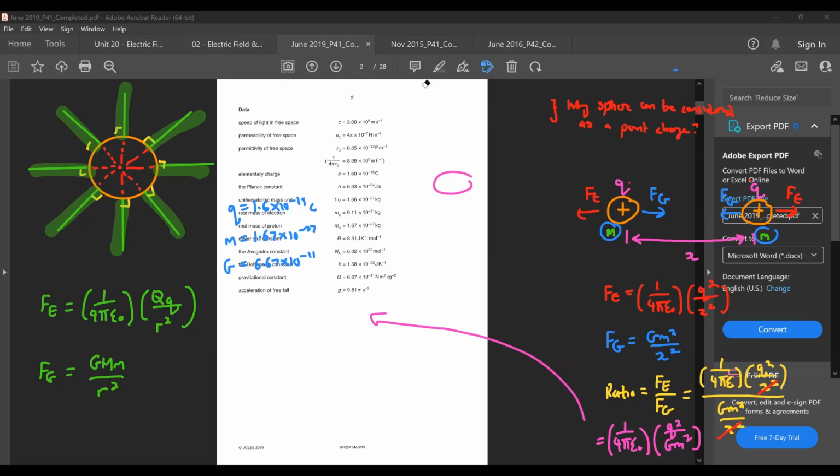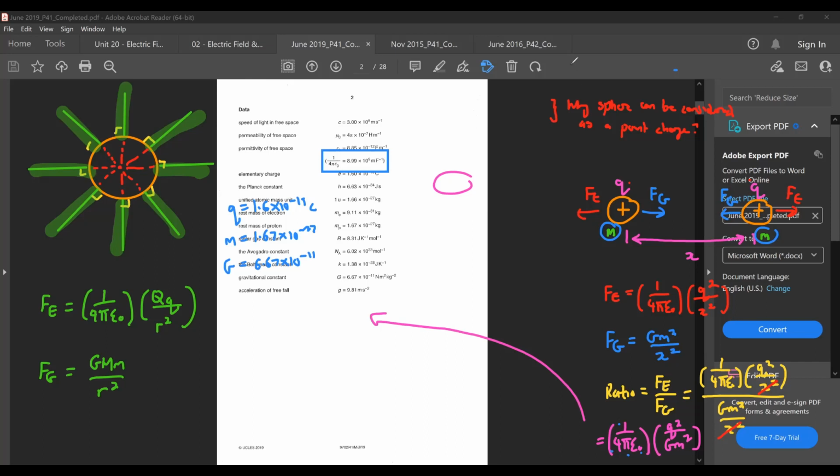Rather than finding 1 over 4 pi epsilon naught individually, the data sheet has made your life easier by telling you its value straight away. There's no need to use your calculator to take 1, divide by 4, divide by pi, divide by epsilon naught.